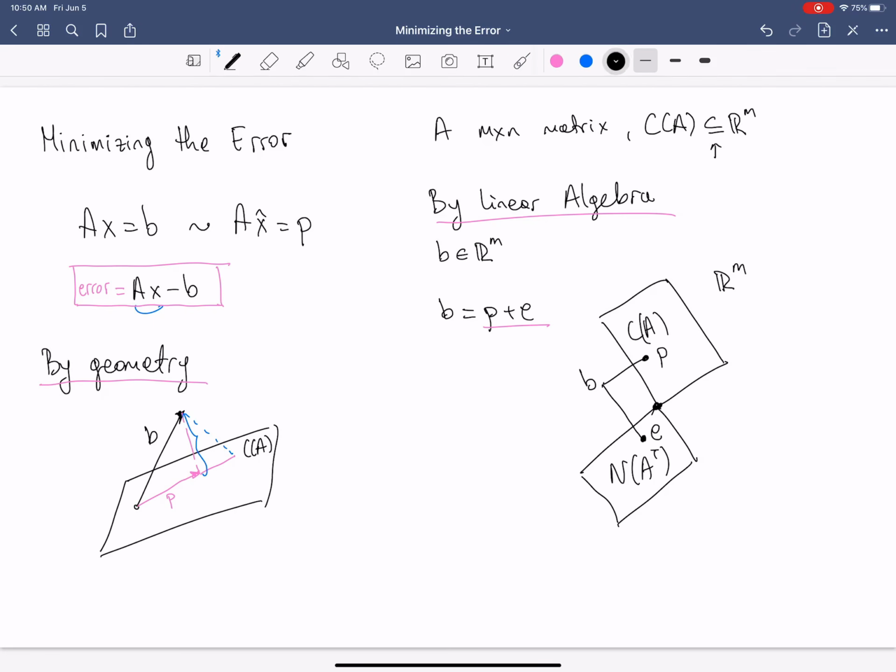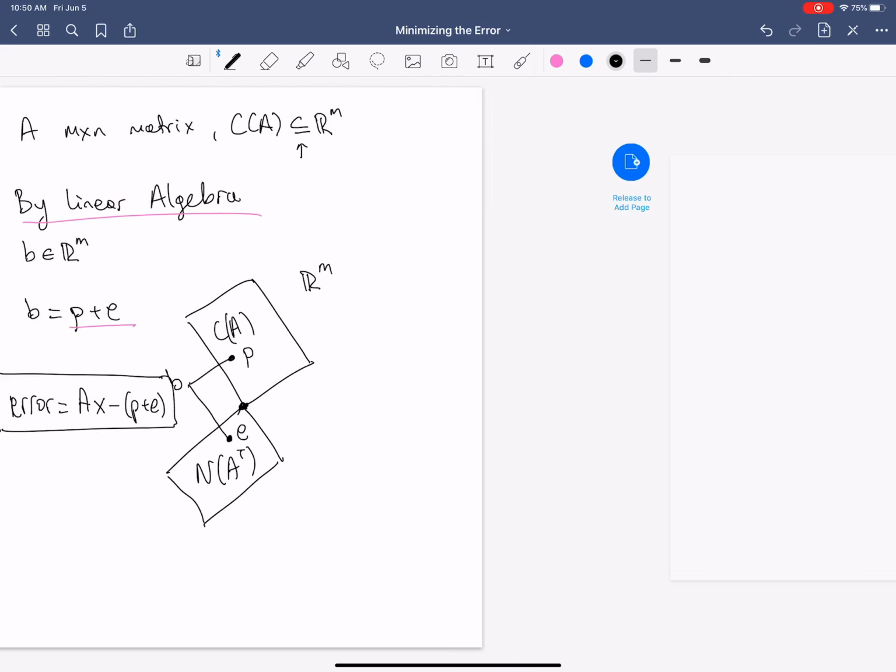So now the error is what? The error here becomes AX minus P plus E. We want to figure out a way to minimize that error. And when I say minimizing, I really mean the length of the vector.